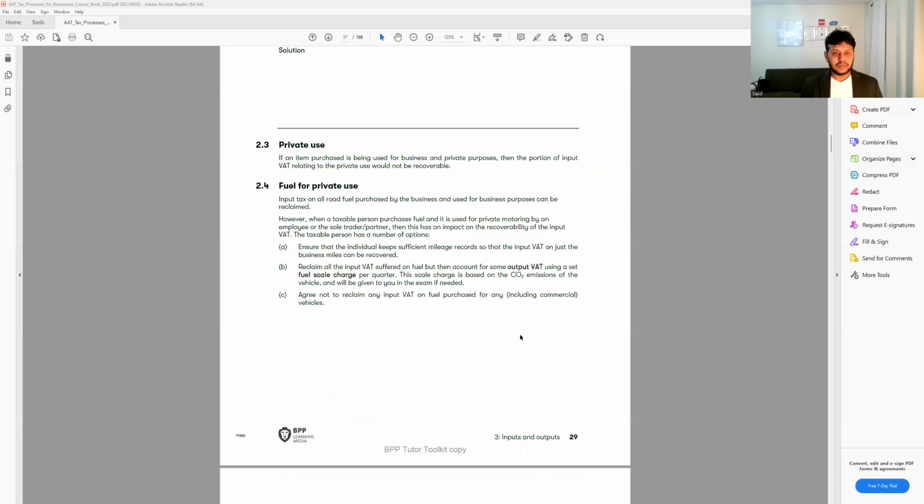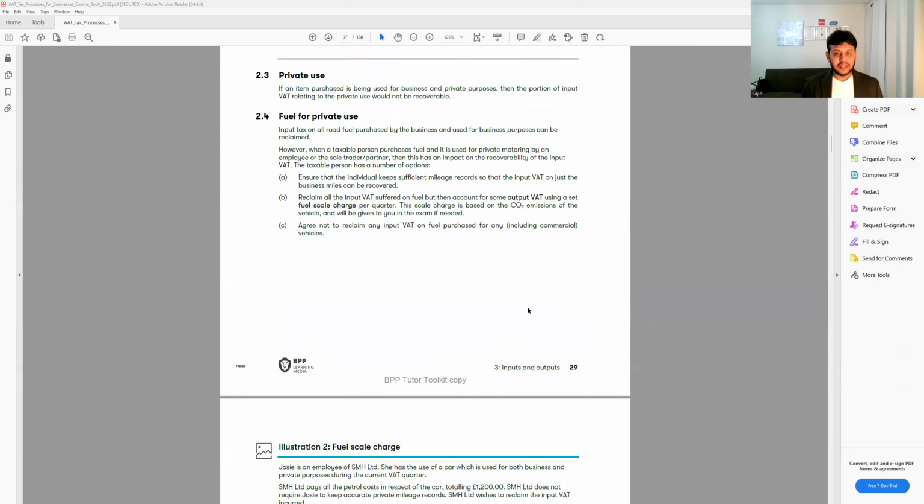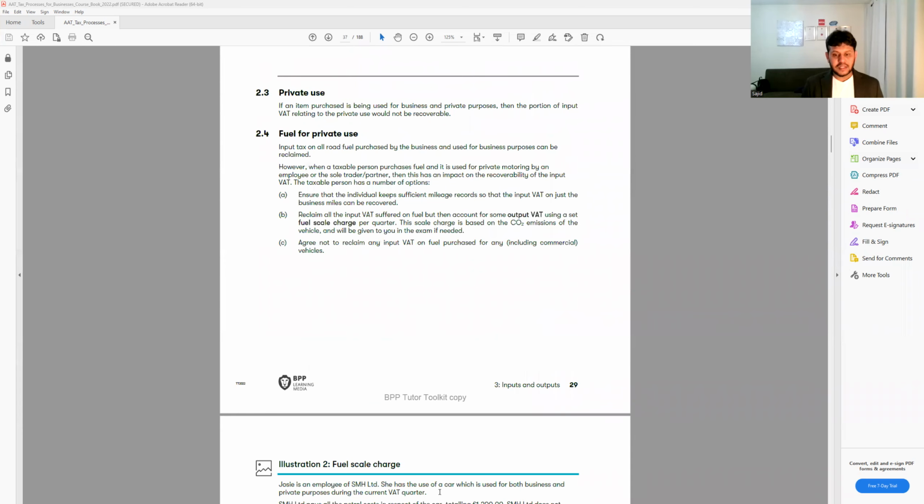The next one is fuel. Now the fuel is a little bit different. Remember that if I use the fuel for the business, I'm allowed to claim all the VAT. For example, if I know I use all the petrol for business travel, then I can claim all the VAT on the petrol. But sometimes you buy a car for your employee, or you have a car that is used for both private and business.